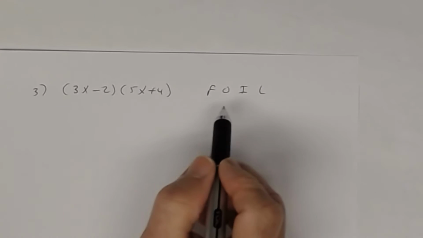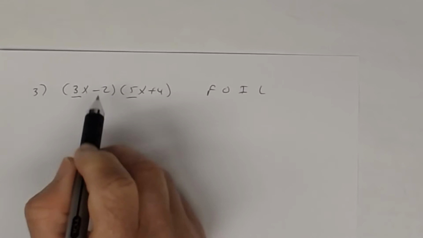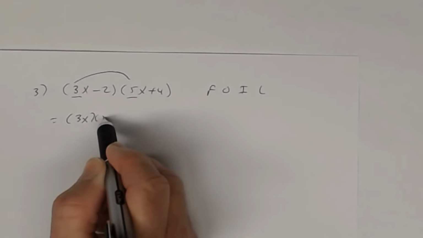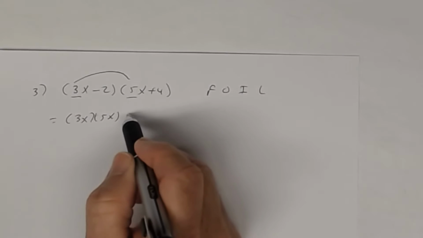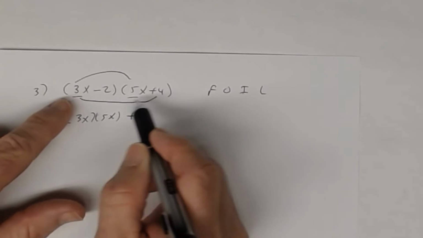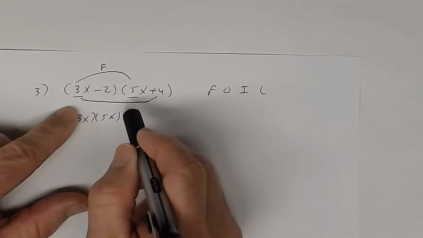So when we use FOIL, first means you take the first term of each binomial. So here's my first term, here's my first term, and I'll multiply them together. That means 3x times 5x. So that's that first. The outer means you look at the terms on the outside of that product. So that's your first, that's your outer.